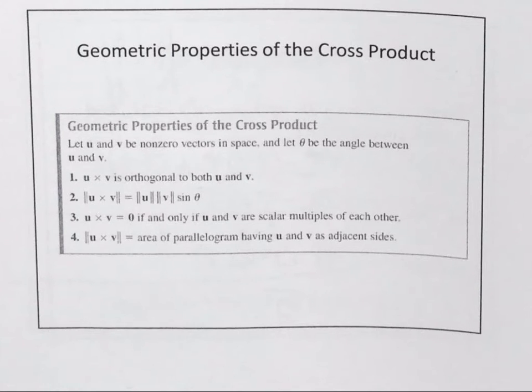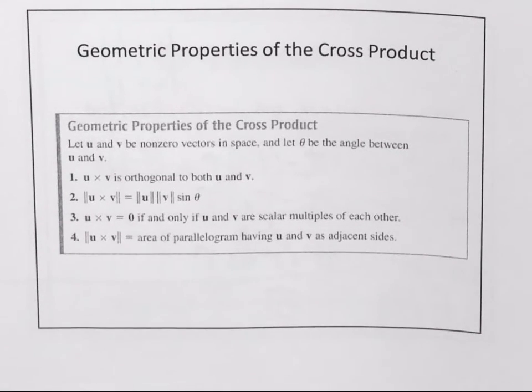Okay, so if you cross 2 vectors together, and this is one of the main places we'll use this, the result is orthogonal to both of the original 2 vectors. What's orthogonal mean again? Perpendicular. Perpendicular, but it's a little more than that.